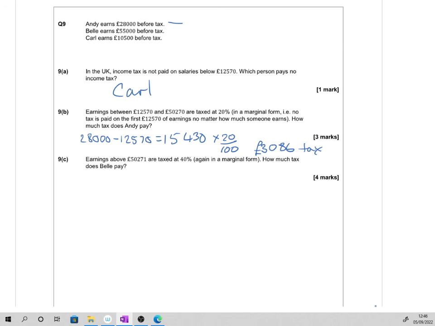Oh, right. So 55,000 minus 50,271, which is 4,729. So that's how much she has to pay at 40%. So this is the amount of 40% tax.